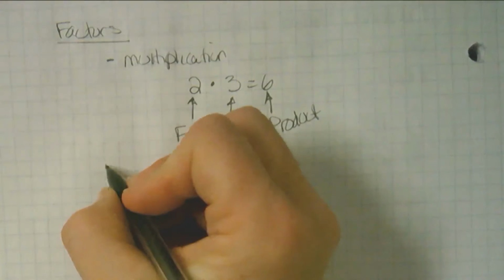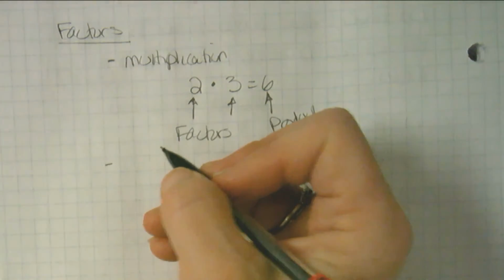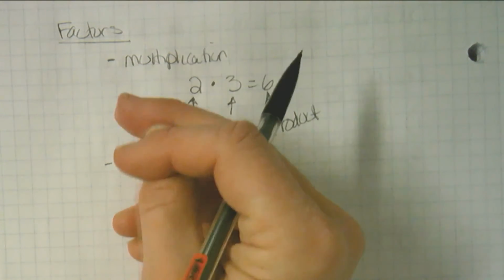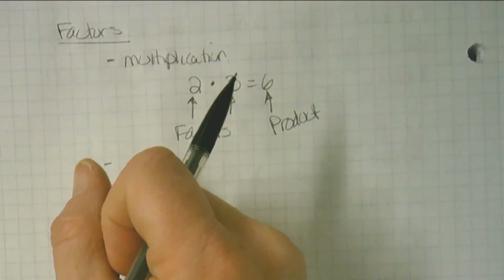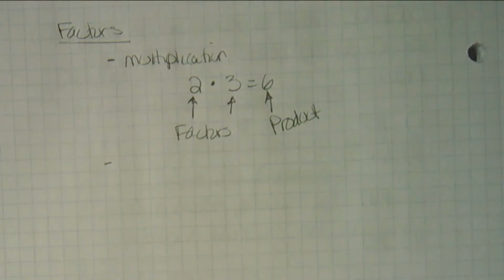Alright, so if I was to write a definition, again, I never want you guys to memorize a canned definition. If I tell you to define something for me, I want you to define it in your words, because your words are what you're going to understand the most. So somebody explain to me, if you know 2 times 3 is 6, and 2 and 3 are factors, how would you define factors?